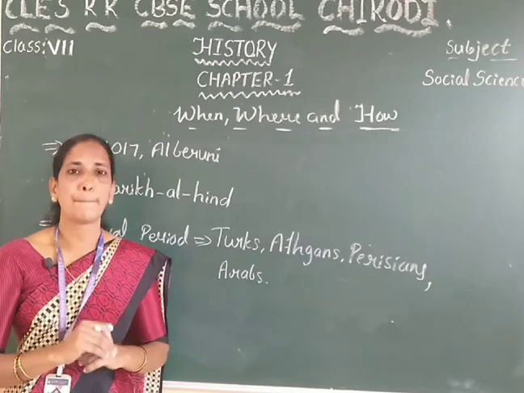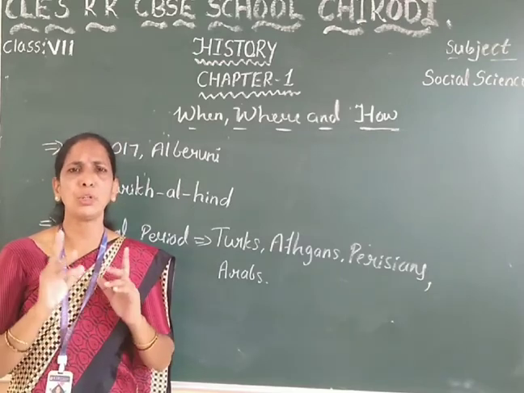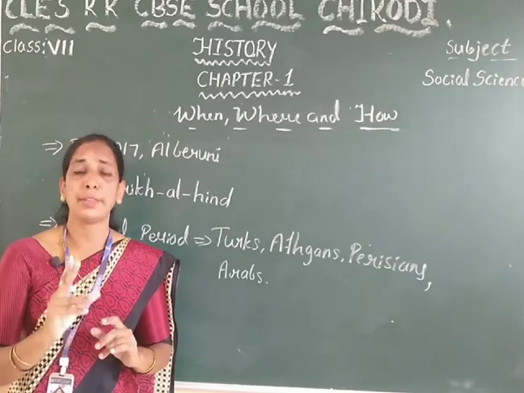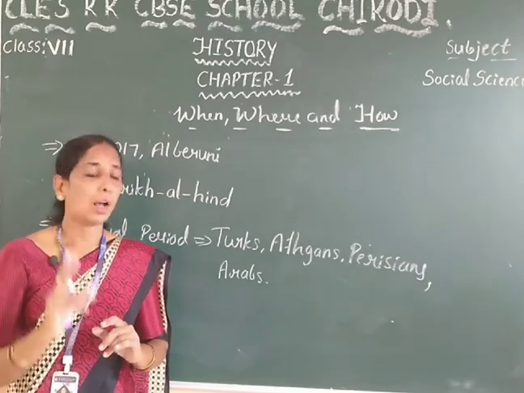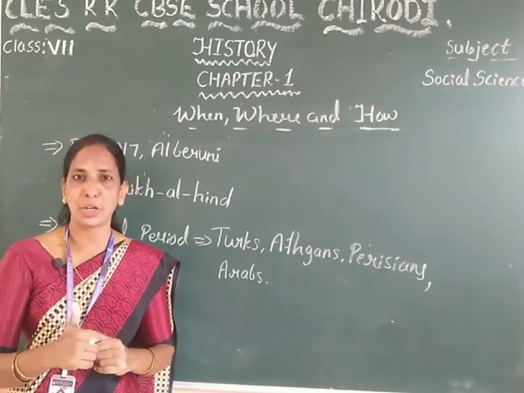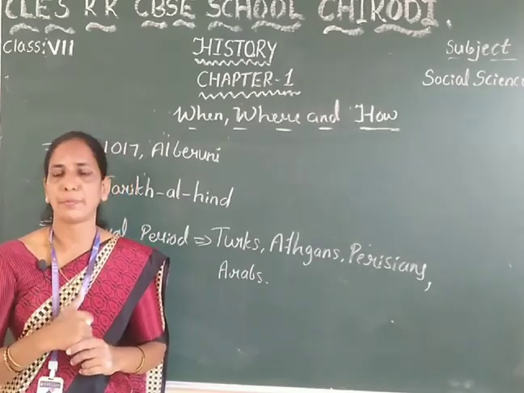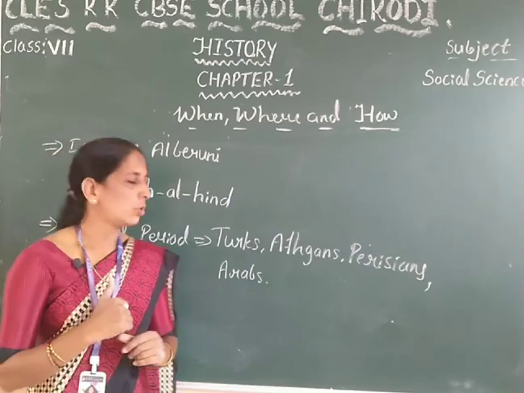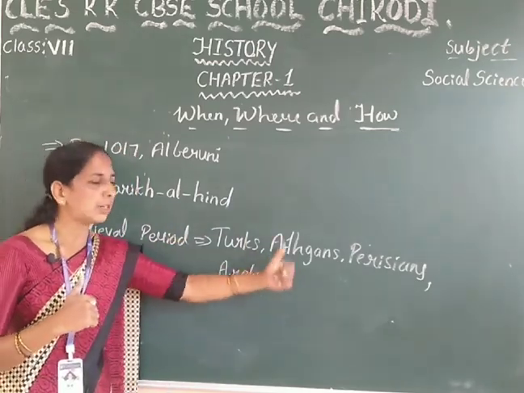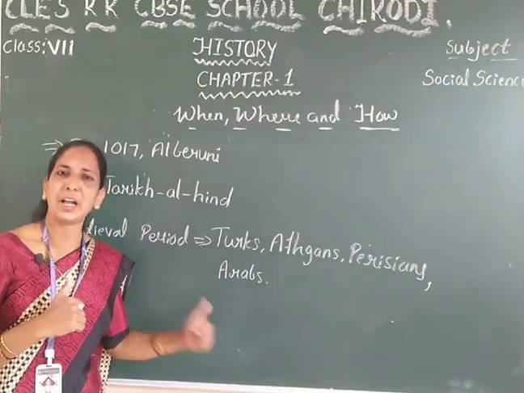He was a Persian traveller, and when he came to India, he wrote a book named Tariq al-Hind. In that book he mentioned the history of India. In the medieval period, so many rulers ruled: Turks, Afghans, Persians and Arabs.